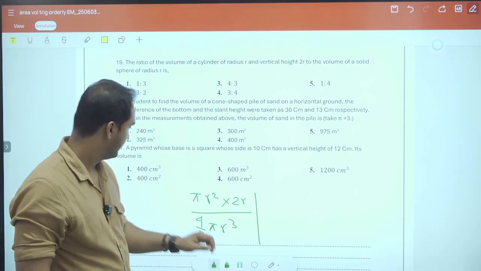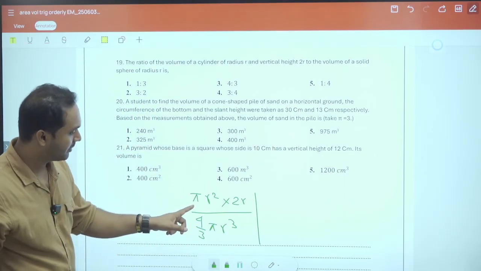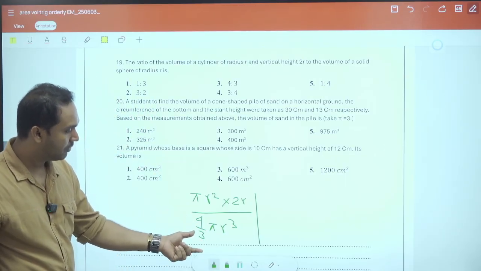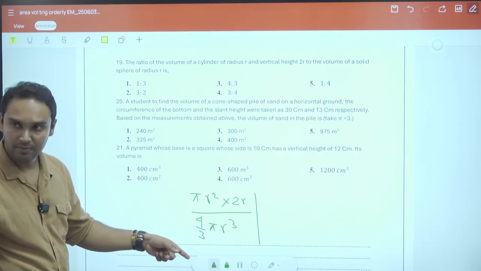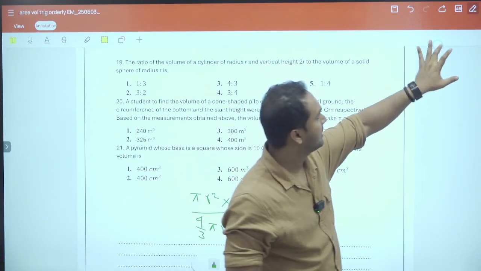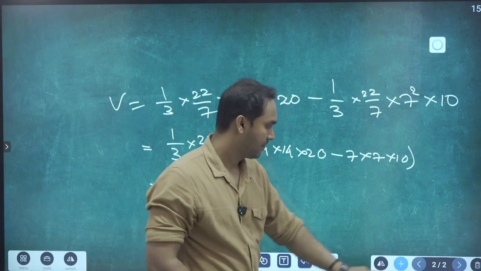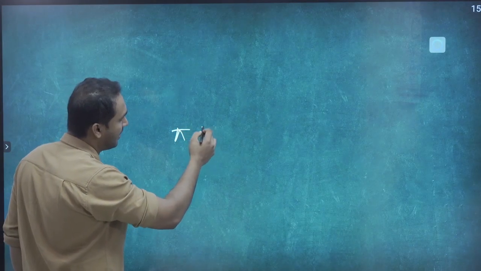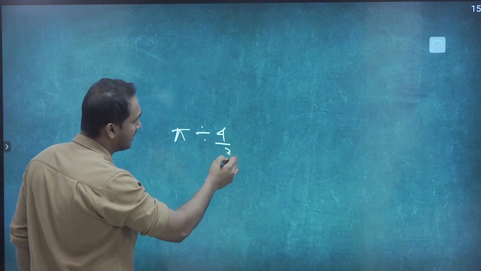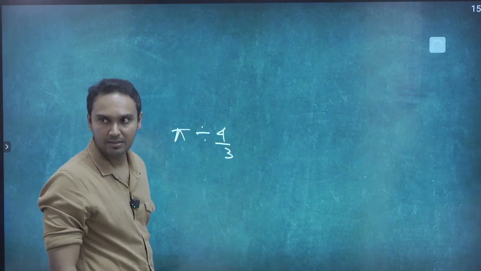I'm going to take this π and 4/3 just as an example: π divided by 4/3.